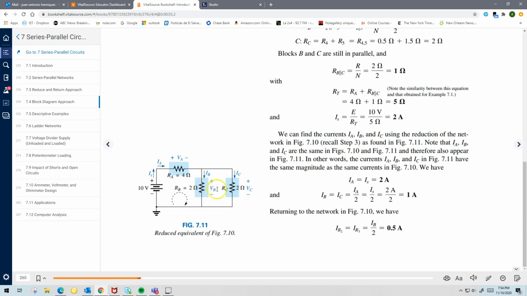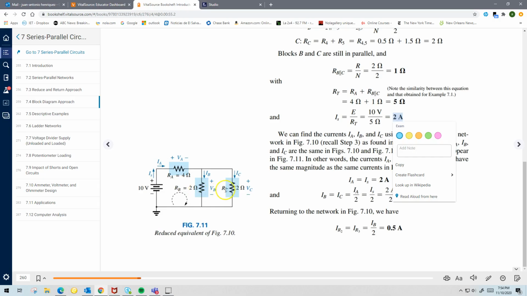Since you already know this is 2 and this is 2, again, if you use that rule of two resistors in parallel with the same value, the combined resistance will be 1, right? So you will have 4 plus 1 is 5 ohms, and then the total current using Ohm's law will be 10 divided into 2, or 5 amps. I'm sorry, 10 divided into 5, or 2 amps, right?